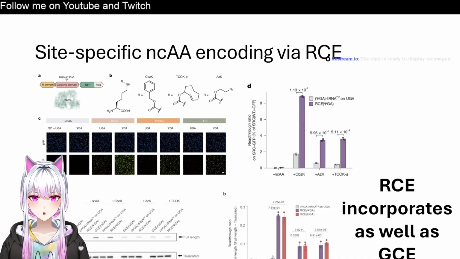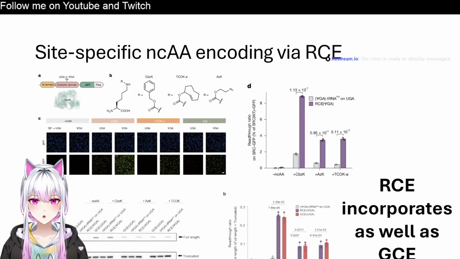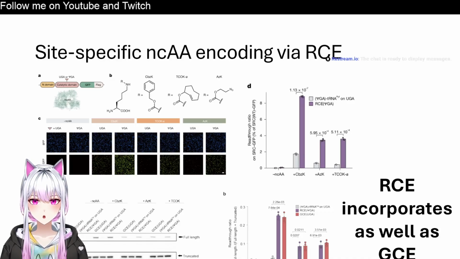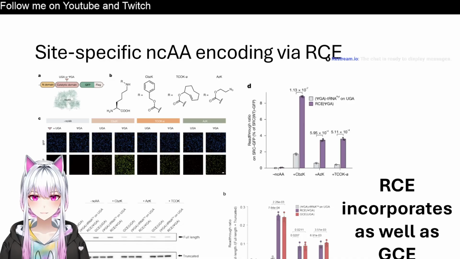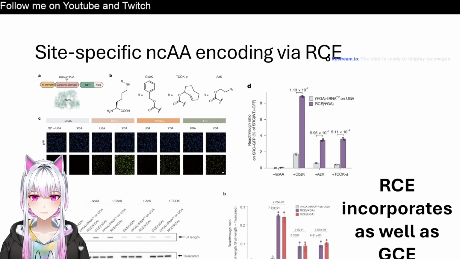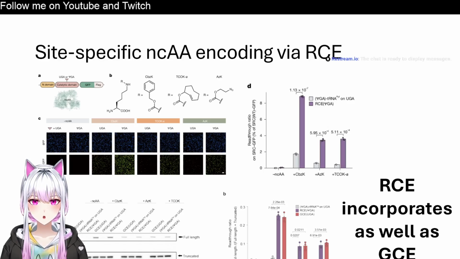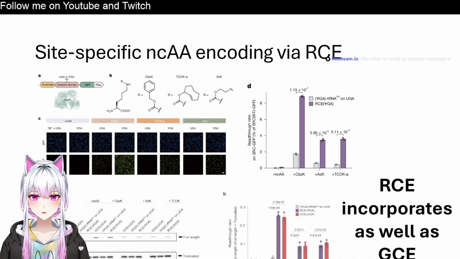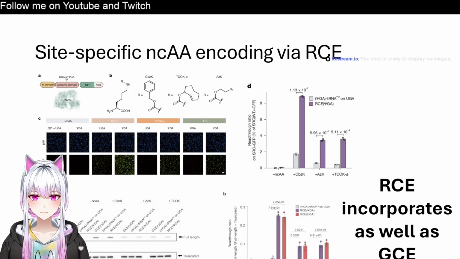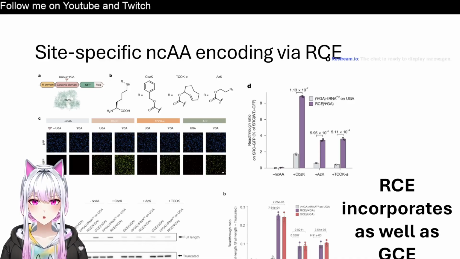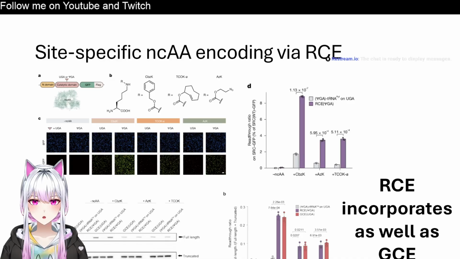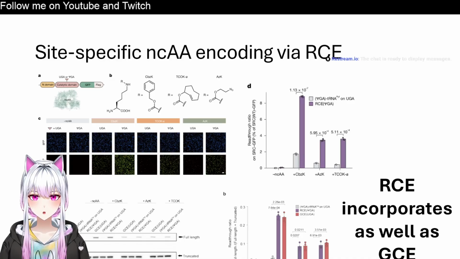They also made a mutation of Y527F, which abolishes autoinhibition, so your SRC will forever be phosphorylated, continuously phosphorylated. They incorporate 4 different amino acids. You can see that this is very specific to these features. It doesn't really bind to UGA, only to the specific codon, and it incorporates as well as the cumulative codon expression.